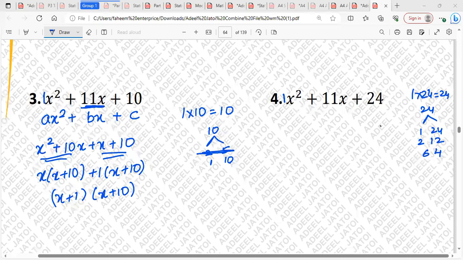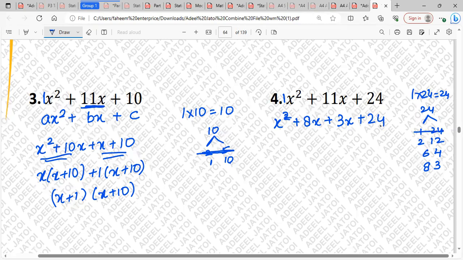So 8 and 3 is the other number that gives me 24. So I can write it as x square plus 8x plus 3x plus 24. 8x plus 3x will also give me 11.